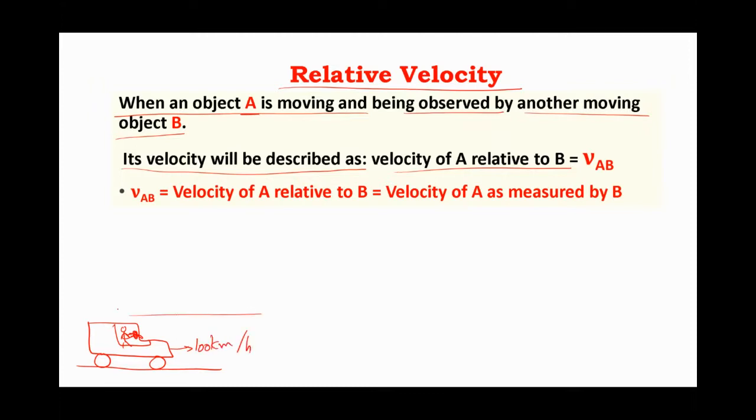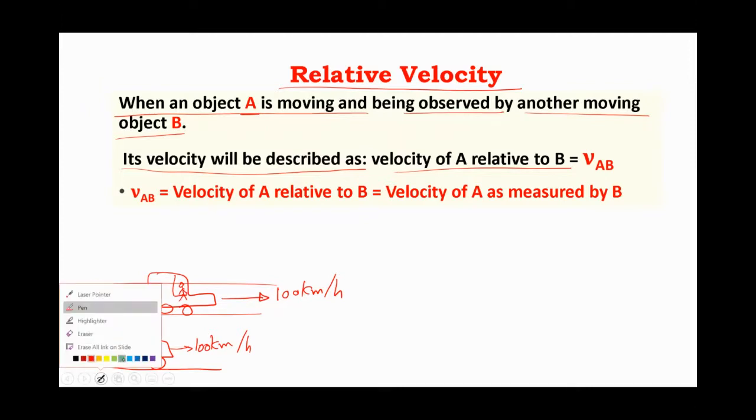And on the lane beside you, there is another car. It also has the same speed, 100 kilometers per hour. Then I will ask you, Ahmed, for example, can you describe the speed of the other car relative to yourself? So Ahmed will look at the other car.